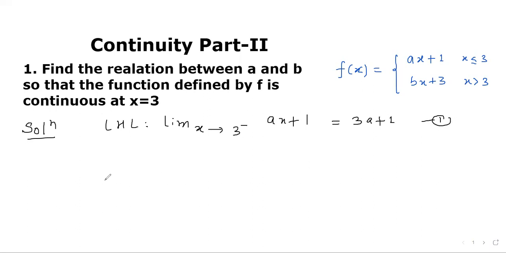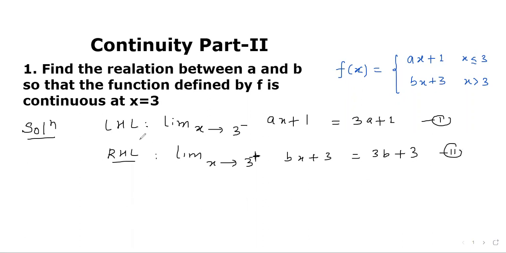Suppose this is equation number 1. Then RHL: limit x tends to 3 plus, and this time we have to take the function bx plus 3. So it will become 3b plus 3. Equation number 2.